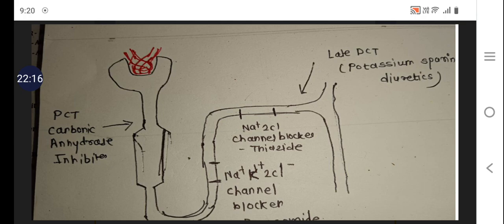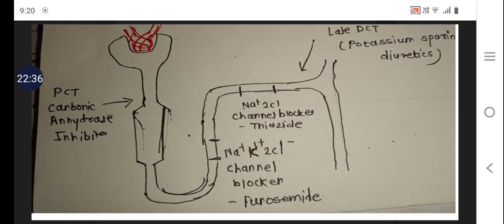So when prostaglandins are not synthesized in our body properly, automatically the loss of urine cannot occur from our body, and that's why the effect of the diuretic drug is blunted by the non-steroidal anti-inflammatory drug.